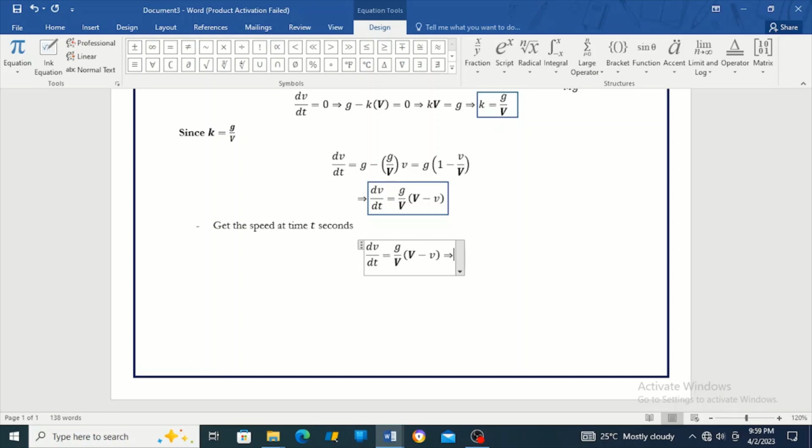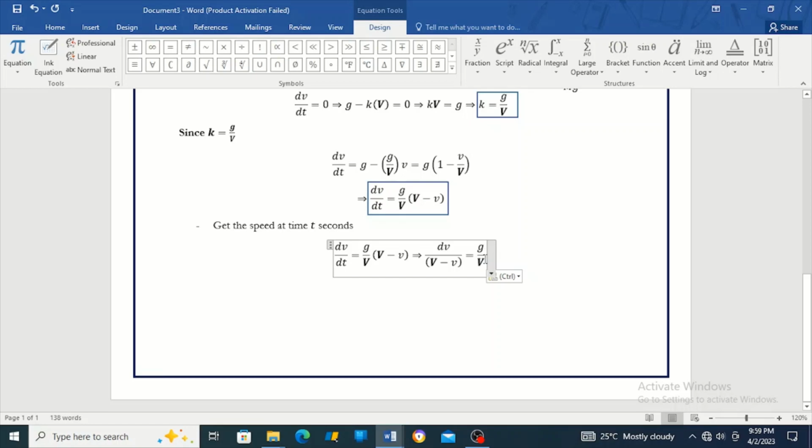So it means that dv, I'm going to just divide both sides by this quantity, so dv divided by capital V minus small v is equal to, and then I'm going to send dt to the right hand side. I'm just going to leave my g over V here. Remember that capital V is a constant, but this small v here is the variable which is changing. The capital V is a constant value, maybe 2, 3 or whatsoever.